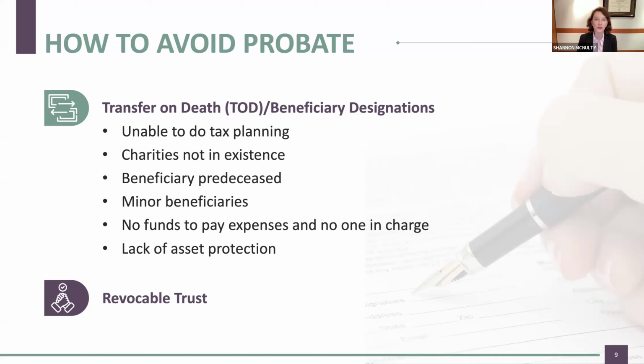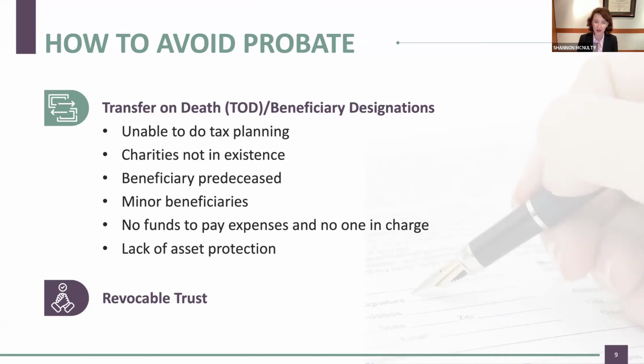A transfer on death or beneficiary designations can be really good solutions where it's a very, very simple situation, where there's not going to be any estate tax issues, where there's really only one beneficiary, maybe two beneficiaries, and everybody gets along. Otherwise, we generally don't recommend this for larger estates. You really can't do any tax planning.